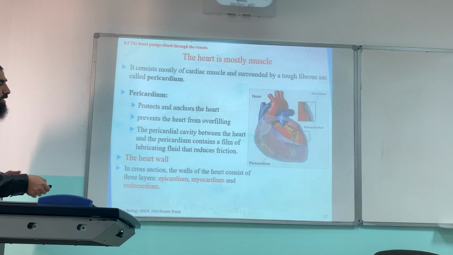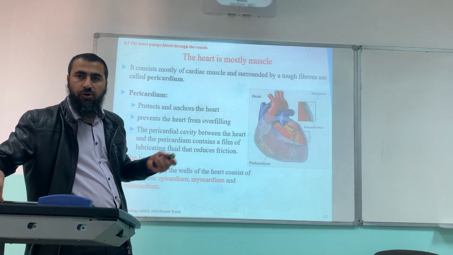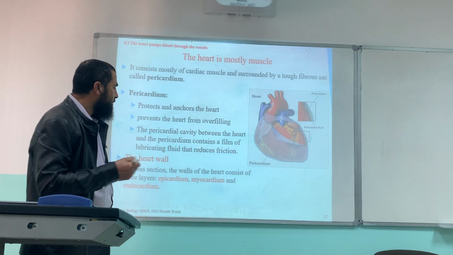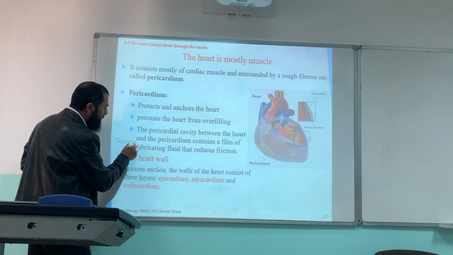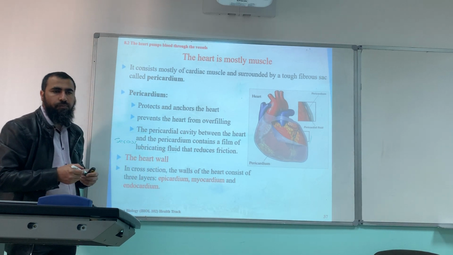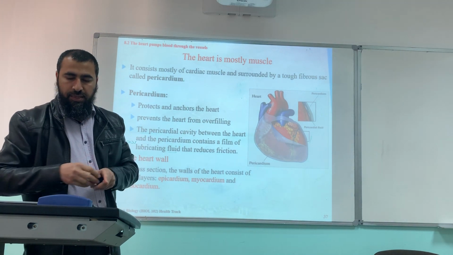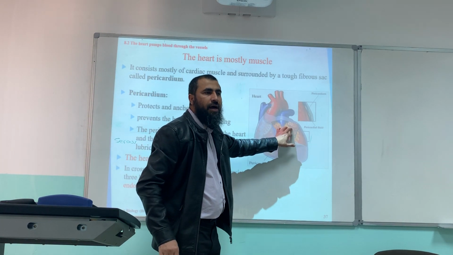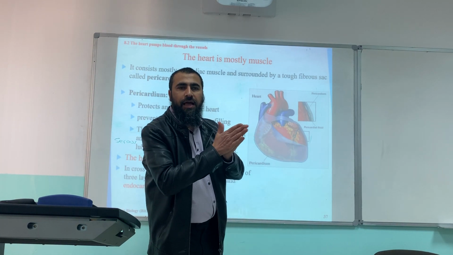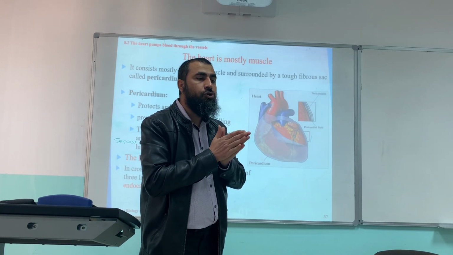The other thing is it produces a type of lubricating fluid, and we talked about other organs producing lubricating fluids. It's called serous fluid. This acts to protect the heart from damage because it's constantly beating. So between the pericardium and the heart, there is a lubricating fluid that keeps the heart lubricated and reduces friction.